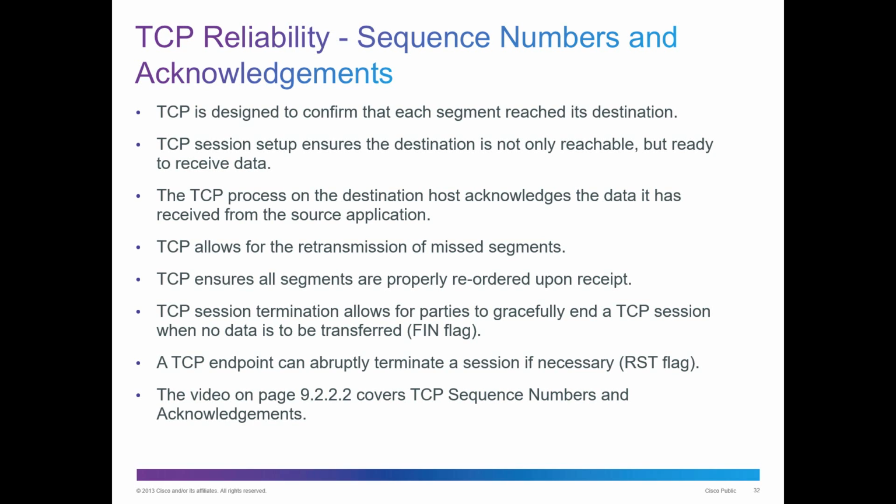Maybe you notice a TCP session that's open on your device. If you do a netstat and you want to terminate it quickly, you've got this RST flag that we'll discuss a little later on, which allows you to do so. Okay, and if you want to see the video, it is in the online materials.